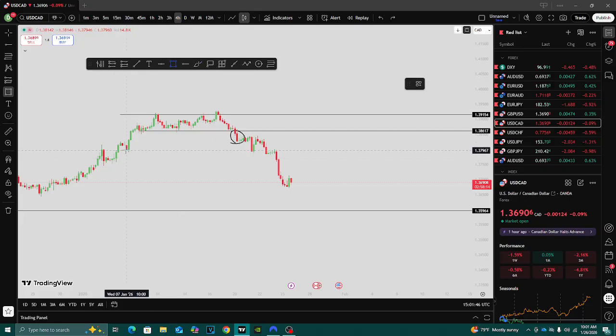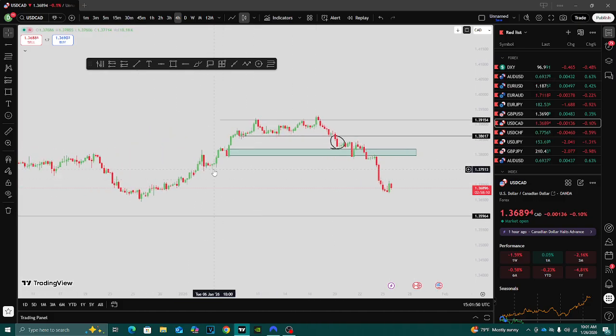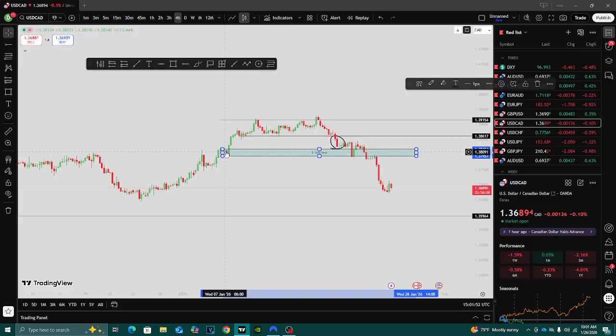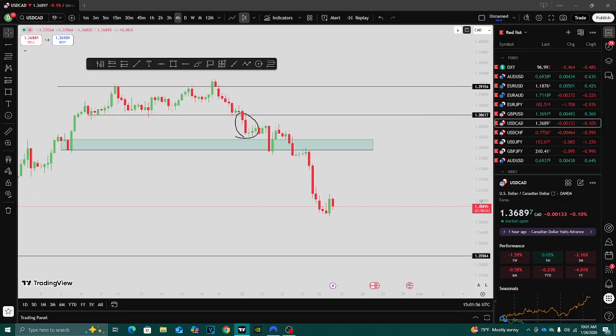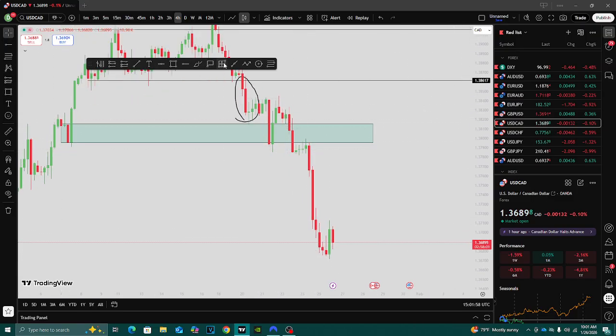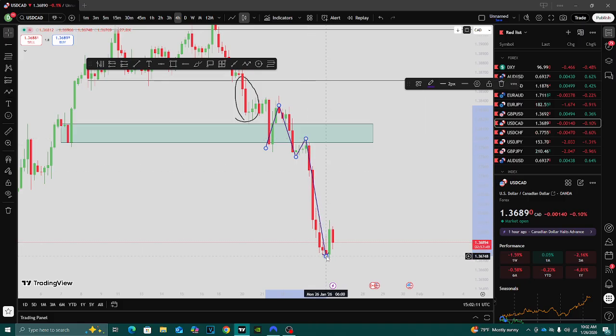This was a floor that turned, guess what, into a roof. If you guys don't see it, look at that. It literally bounced off the floor first, broke the floor, bounced off the floor like a roof, and then just flushed. You guys see it, right?